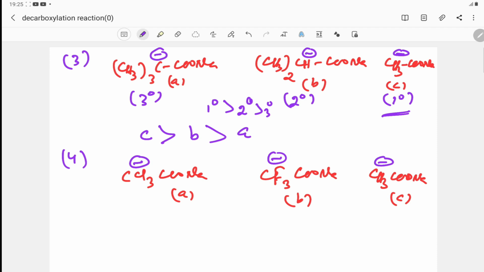Here you see the stability. In both cases the minus I effect takes place. Here three chlorines, three minus I effects, and three fluorines also three minus I effects. So stability is more compared to methyl.